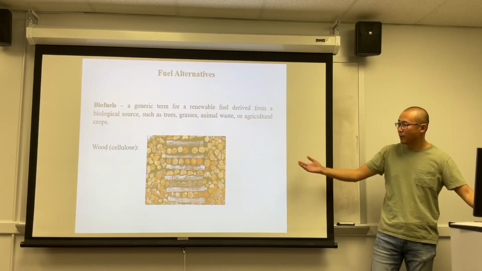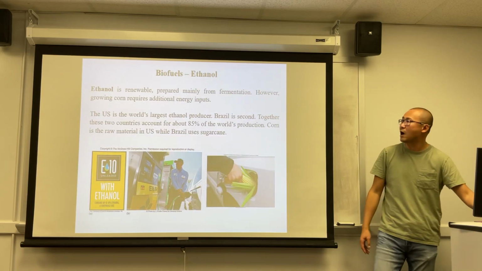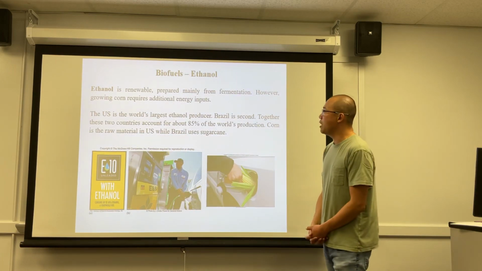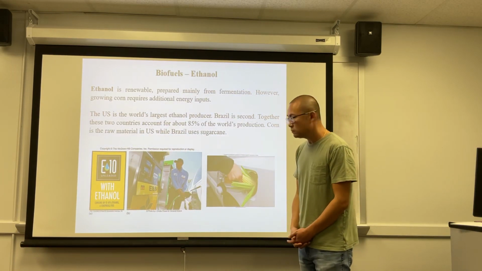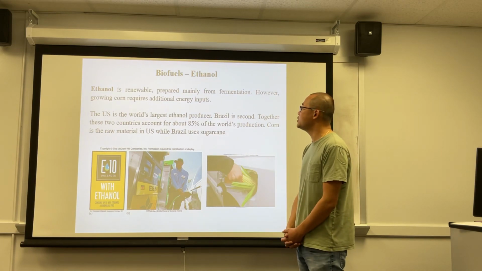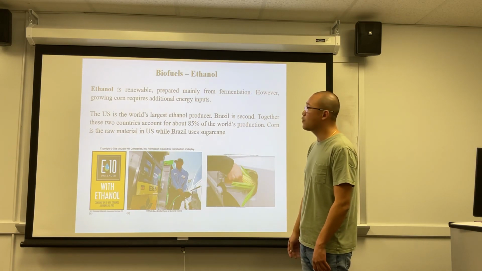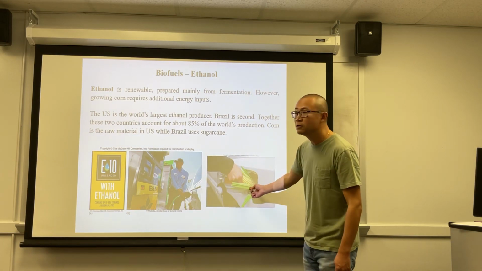But burning wood, like I said, the combustion efficiency is very low. Another biofuel from a biological source is ethanol. The ethanol we use today is actually from fermentation reactions. In the United States, the fermentation material is corn.